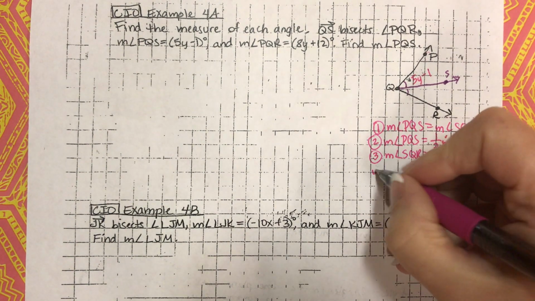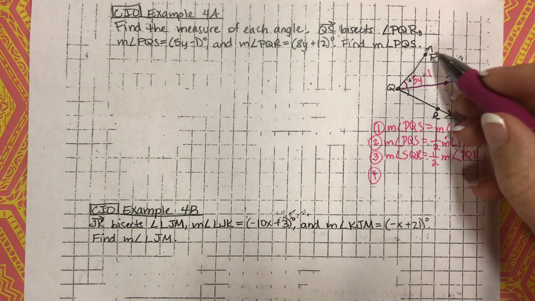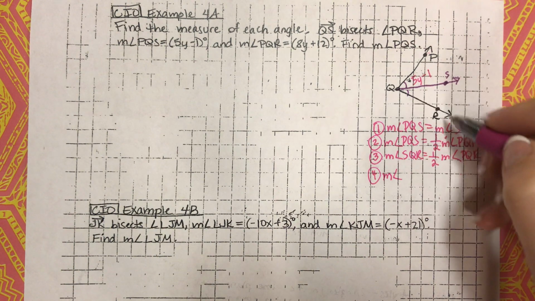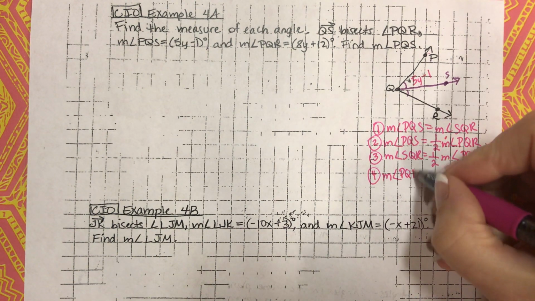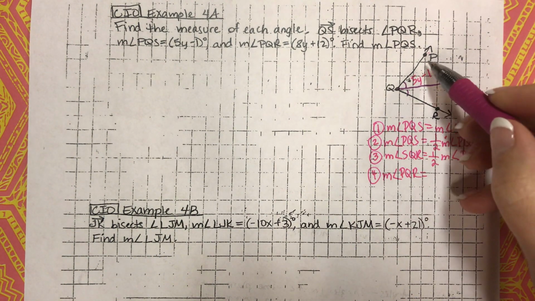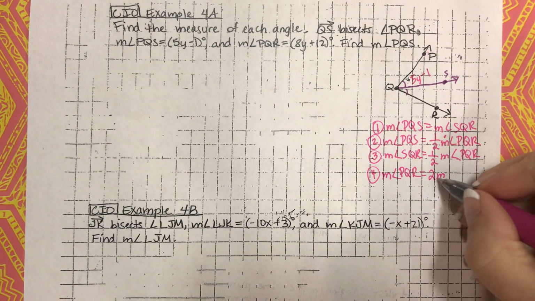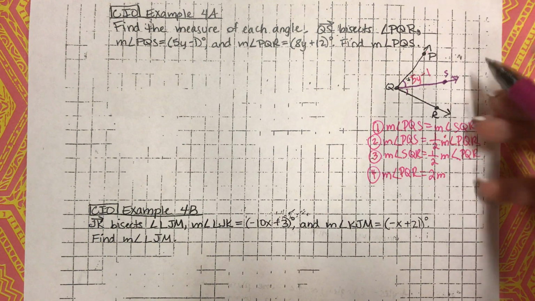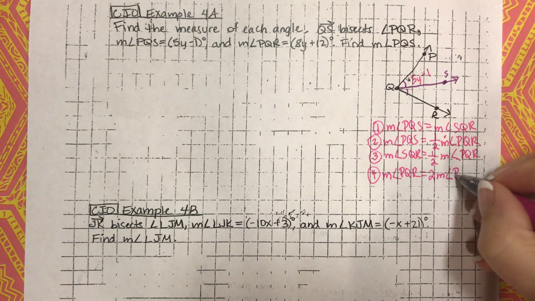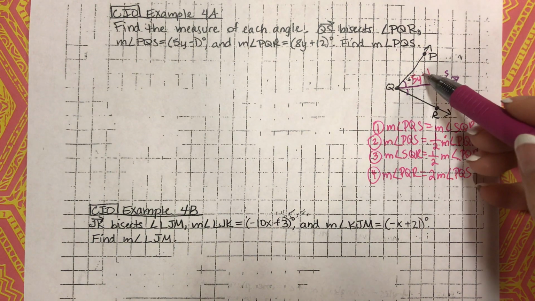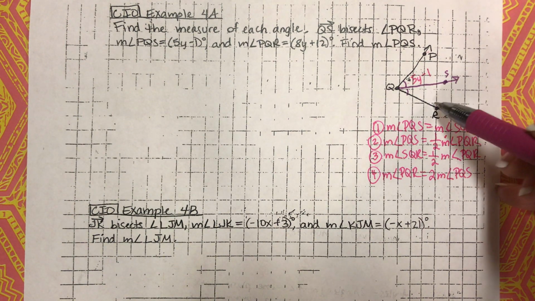And then the fourth one would be to start with the big one, right? So the measure of PQR is the same as 2 times this one on top. So 2 times the measure of PQS. Yeah, because 2 of those, they're the same, they're equal, right?